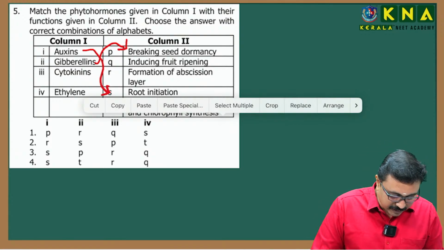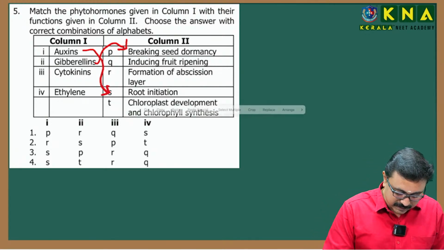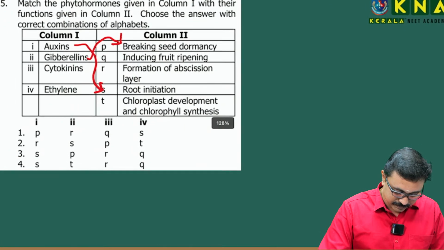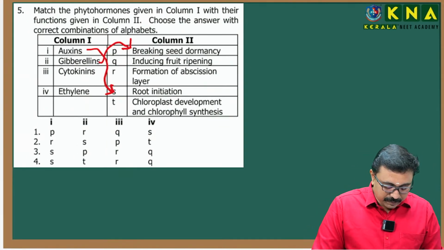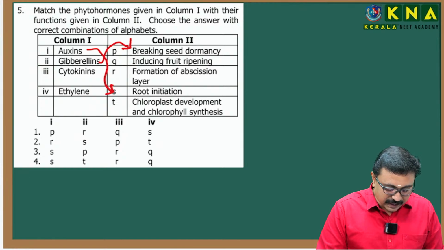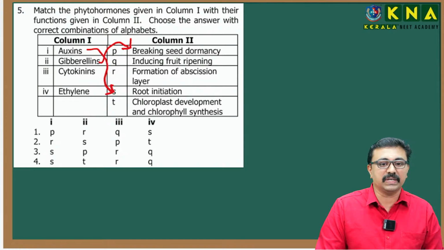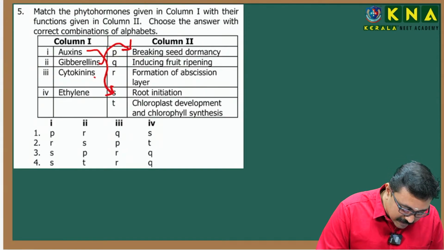Then cytokinins and also ethylene, formation of abscission. Okay, then breaking of seed dormancy. Then cytokinins, we all know the cytokinin function: chloroplast development and chlorophyll synthesis.